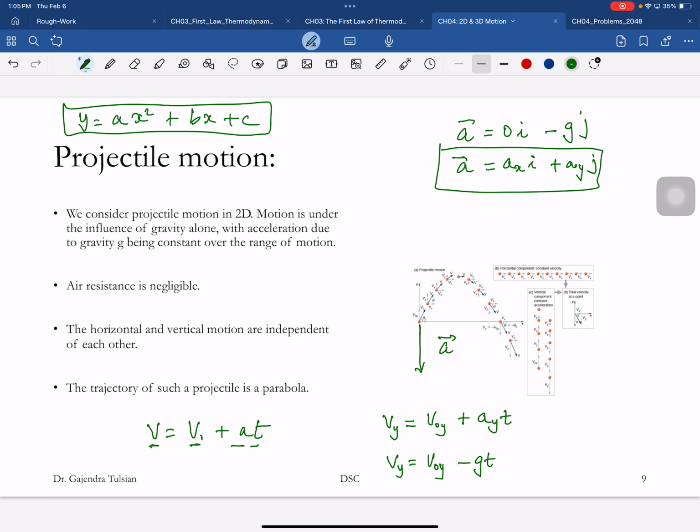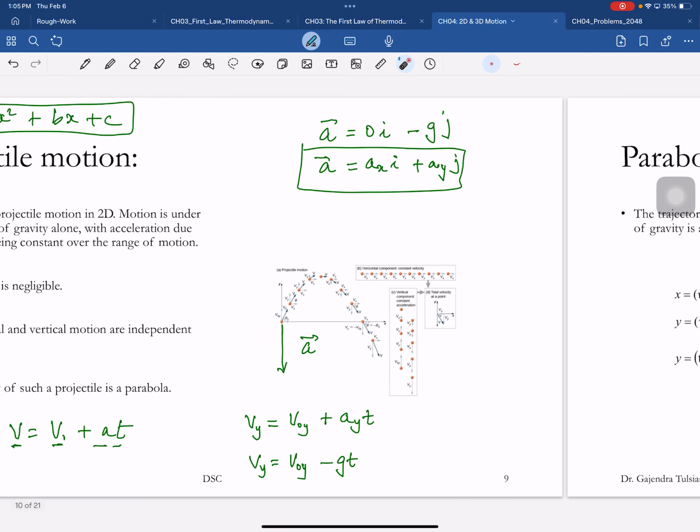So if you are going on a projectile trajectory, as long as we show that the y coordinate and the x coordinate are related like that, then we know that this is a parabola. And we'll show that to you.